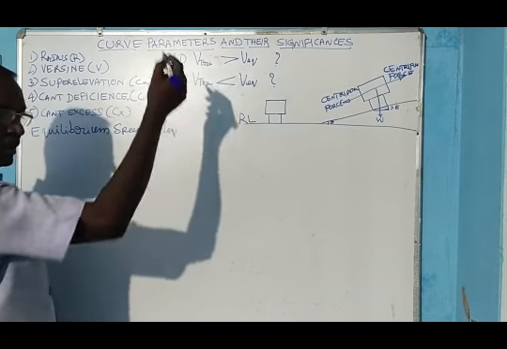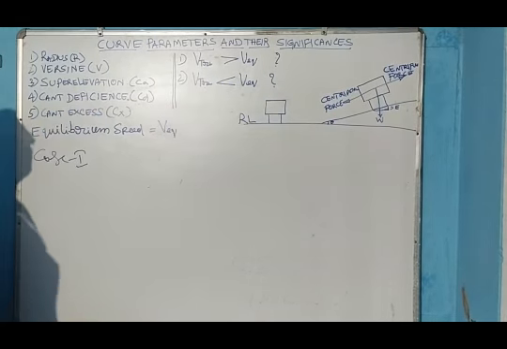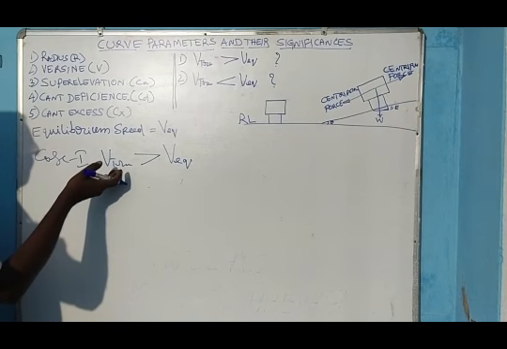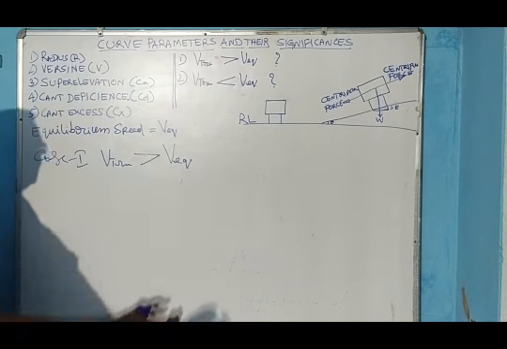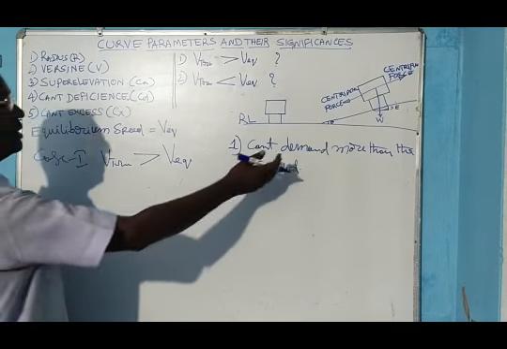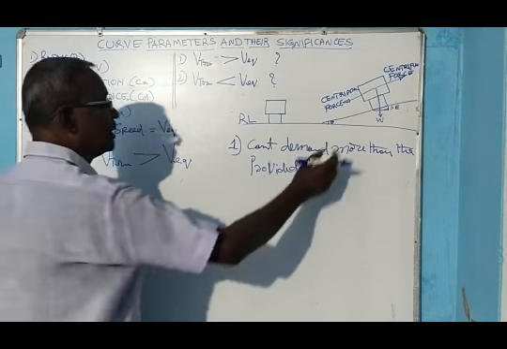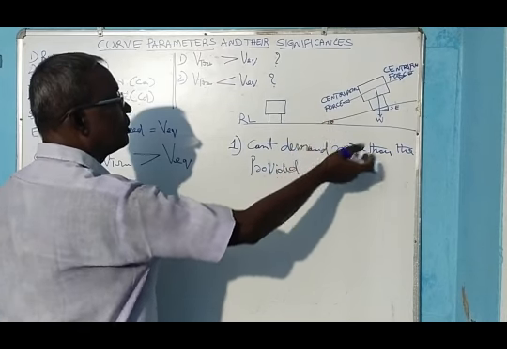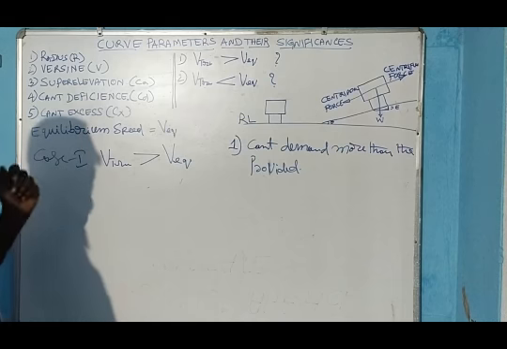We will see one by one. Case 1: speed of the train is greater than the equilibrium speed. Number 1, cant demand is more than what is provided for equilibrium speed.